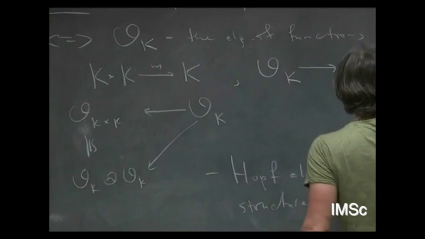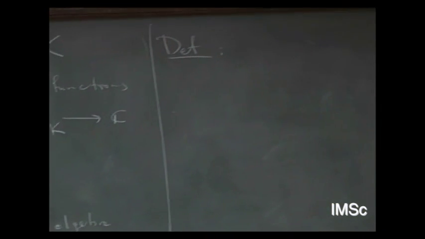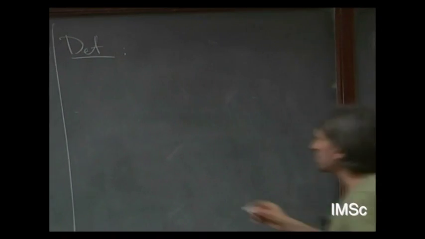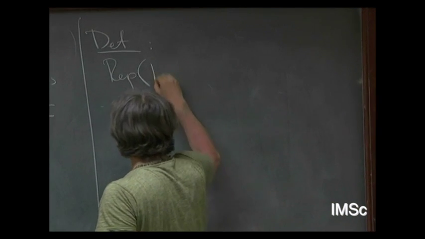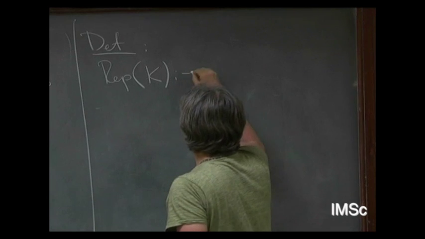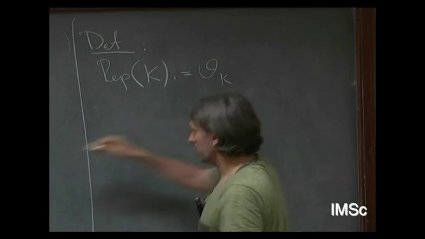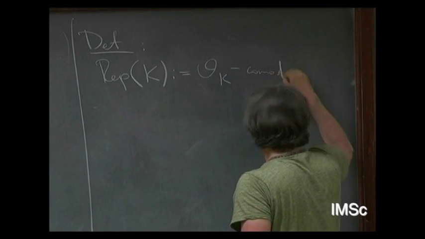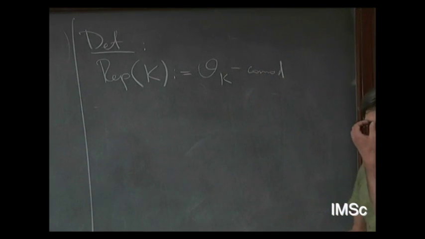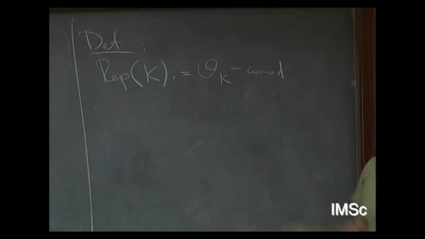So definition, which is equivalent to all other definitions of representations: the category of representations of K in algebraic sense is just O(K), which is a co-algebra, comodules. So if you think about it, the usual notion of representation provides such structure.